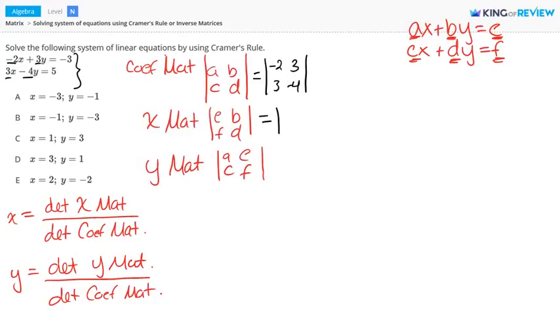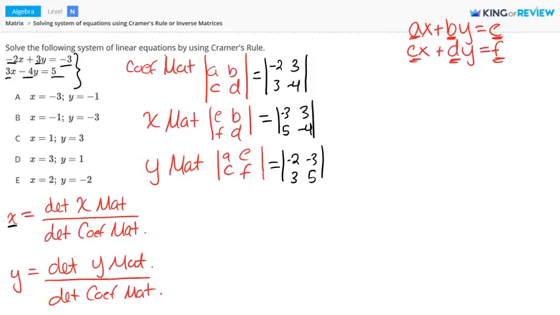Now for the x matrix, we start with e and f. Those are the constants, so -3 and 5. And then we have b and d, 3 and -4. And the y matrix, we have a and c, -2 and 3, and then e and f, -3 and 5. So now we've set up our three matrices.